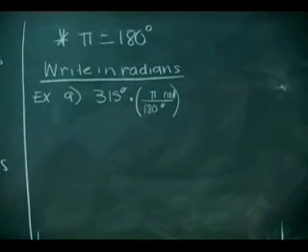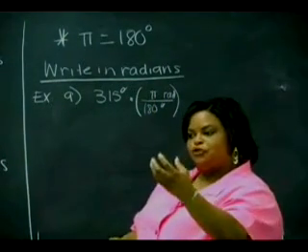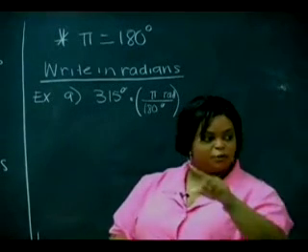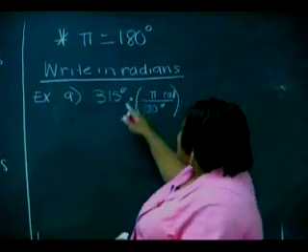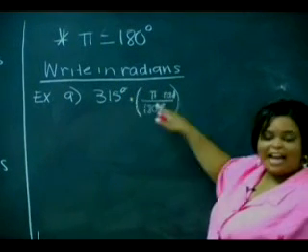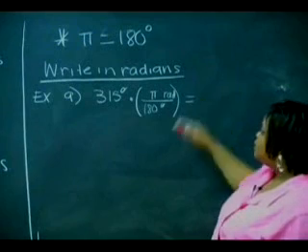So just think about 180 degrees equals pi radians. You can put whatever in the numerator and the denominator so that you can cancel the degrees or the radians out and have what you're looking for. Here we're looking for radians. I have this degree measure in the numerator, so I need a degree measure in the denominator to cancel the degrees out and be left with radians.